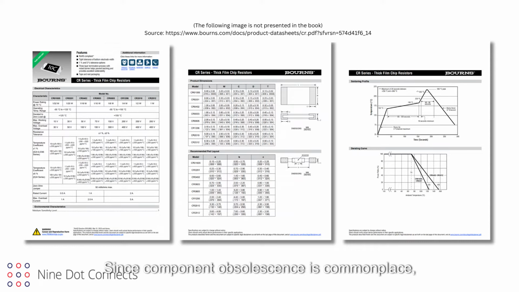Since component obsolescence is commonplace, datasheets should be saved to a shared drive for current and future reference. One of the first things a manufacturer will remove from their website upon declaring EOL, end of life, are the datasheets. Linking a component to datasheets on a website is simply not recommended due to the ever-changing nature of websites.